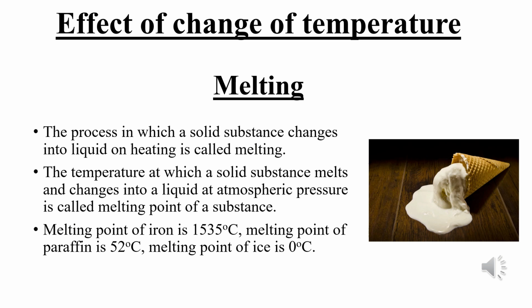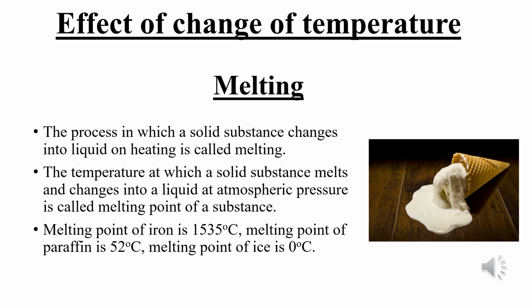Higher the melting point of a solid substance, more will be the force of attraction between its particles. For example, as you all can see, melting point of iron is 1535 degrees Celsius. That means the force of attraction between the particles of the iron is very, very strong. When we talk about the different melting points, more the melting point, more the force of attraction between the particles.